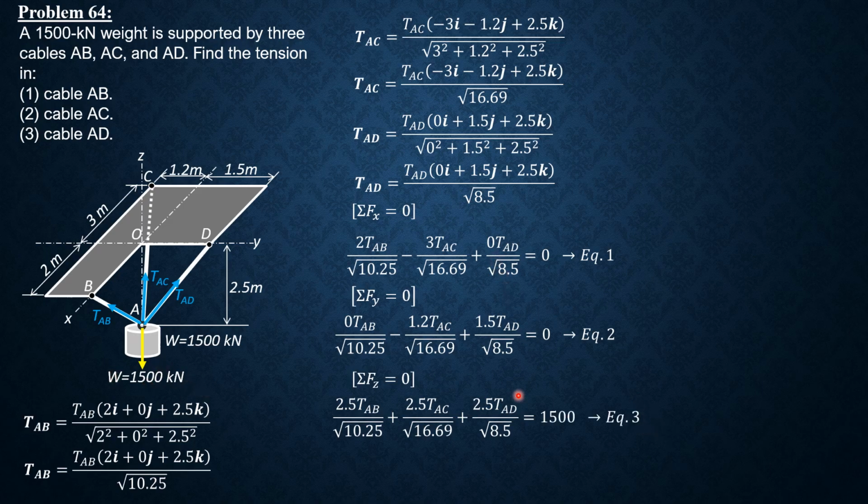Solving these three equations simultaneously gives us the following values. So tension AB is 873.2 kilonewtons, tension AC is 742.8 kilonewtons, and tension AD is 424.1 kilonewtons. So that's the solution to this problem, and again, I hope that you were able to follow the solutions.